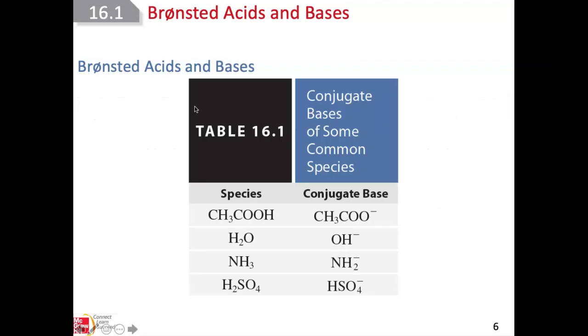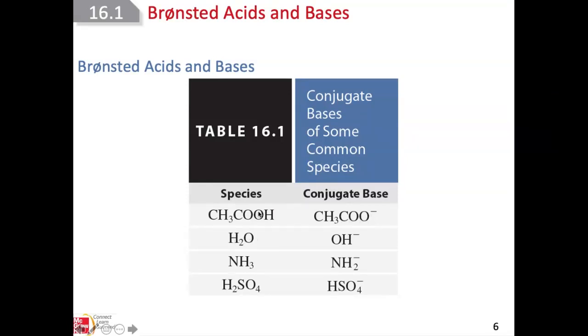This table gives us the species and their pairs. It's like a pair of the acid and its conjugate base. So this is an acid. If you take out the H plus, what is left? CH3COO minus, and that is the conjugate base.